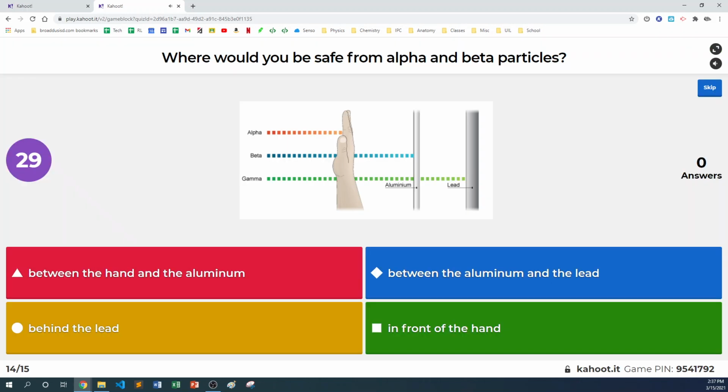Where would you be safe from alpha and beta particles? Again, select the best one. The best answer. Oh, that's kind of easy.